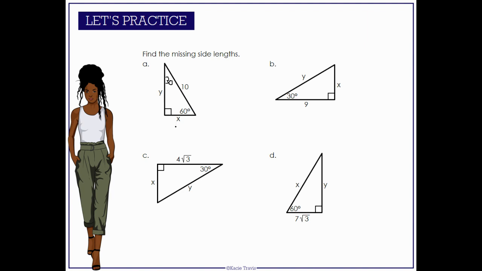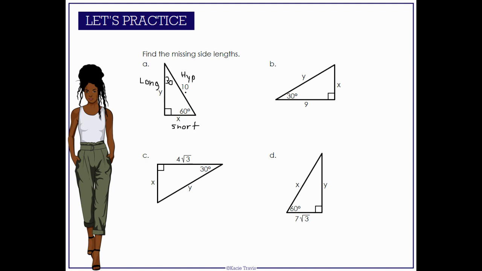Our 30 being up top means that this is our short, and this right here is the long leg. All right, now with this being the short leg, this being the long leg, we can find out what x and y are. So our hypotenuse is the side that we got right here. I'm gonna just call this the hype.